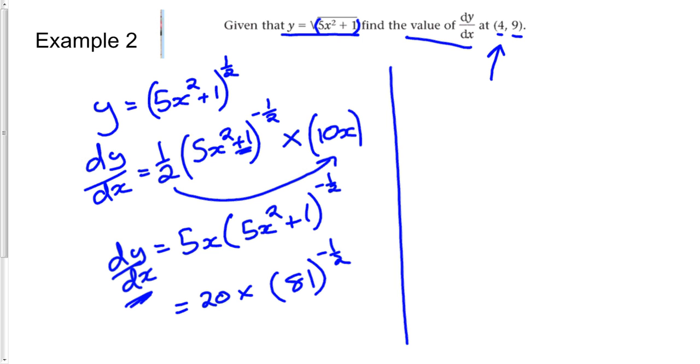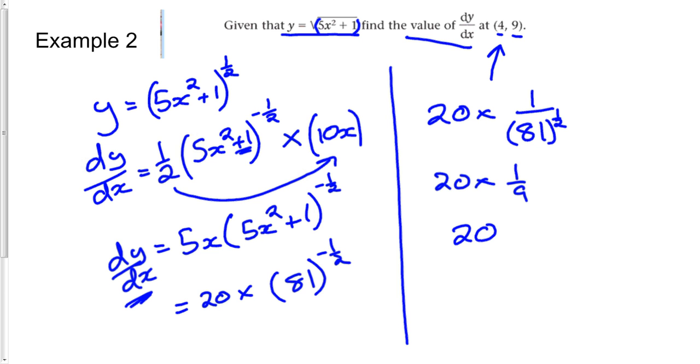Now, going back to C1, the way we do with minus a half, would be 20 times by 1 over 81 to the power of a half, which you should know is square root. So it's going to be 20 times by 1/9, which we can leave as 20 over 9, or if we simplify that down, 20 divided by 9 is 2, with 2 remainder, so 20 and 2 ninths.